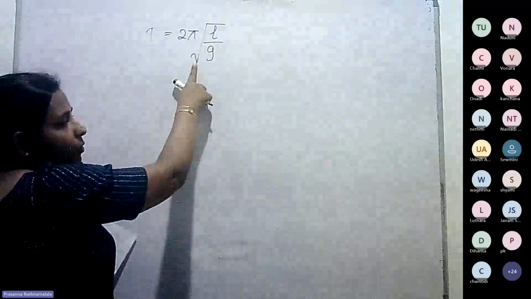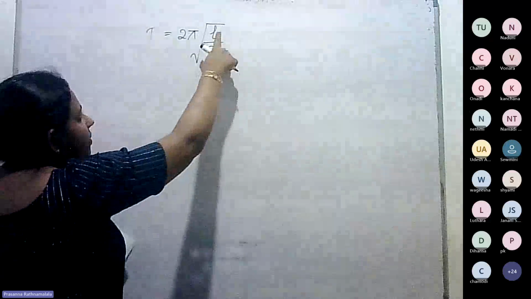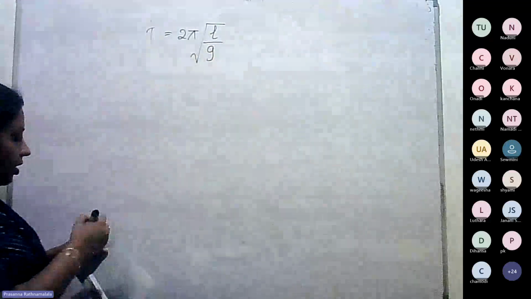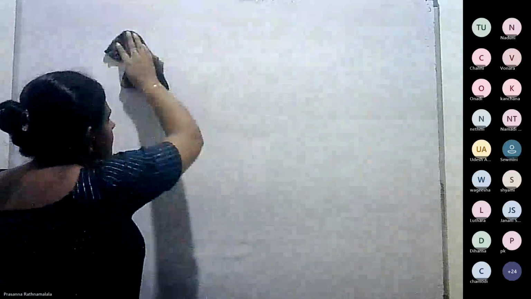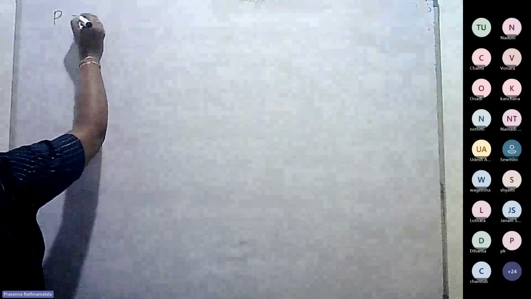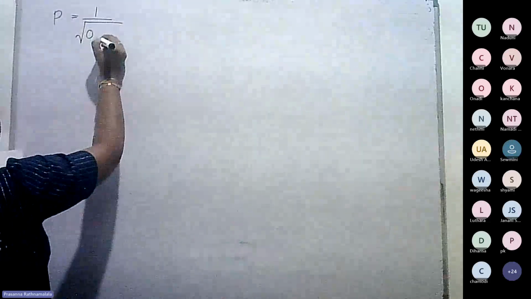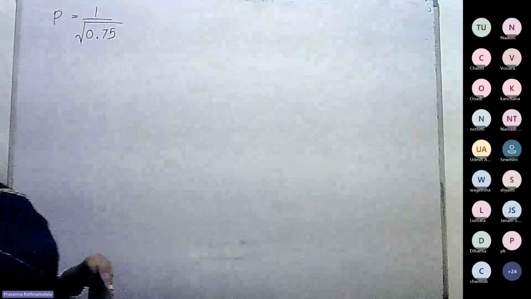This is square root. Right? Then again you substitute these numerical values for this L, g, and π. Then using the logarithmic tables and the laws, you find the value. Then you take it as P or using any other letter, that is 0.75. Make it steps.